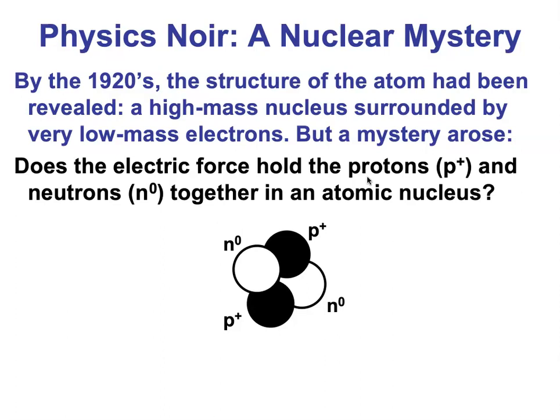So all of this about the structure of atoms was being figured out in the early 20th century. And before that, around the turn of the 20th century, physicists were feeling very proud of themselves.